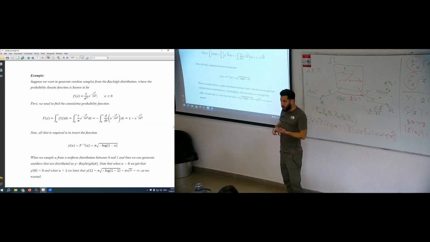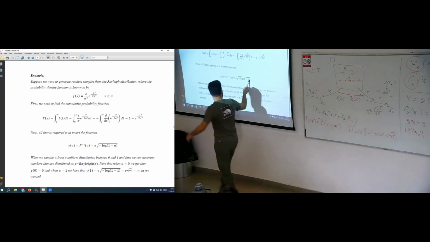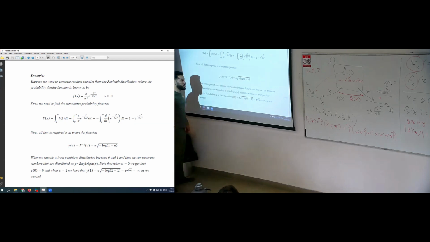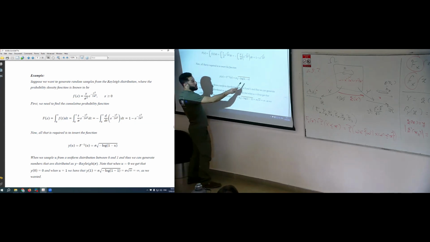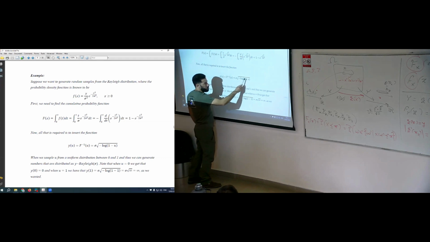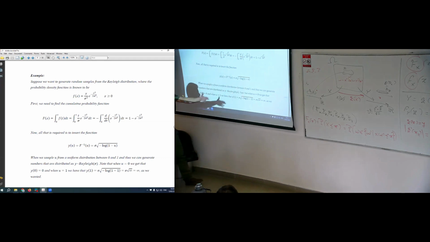So for u equals 1, we have 0, and for u equals 0, we have the log of 1, so it's 0, and for u equals 1, that's the right end, we have to get infinity.